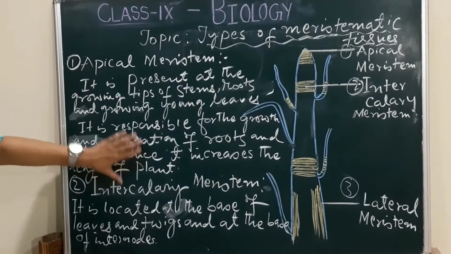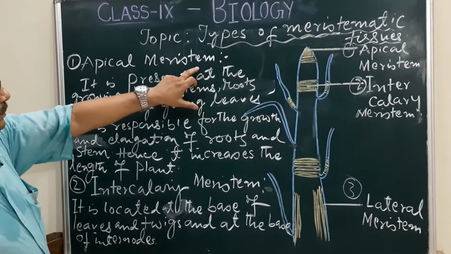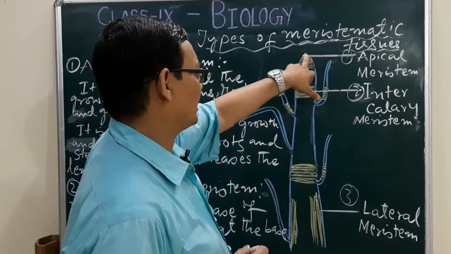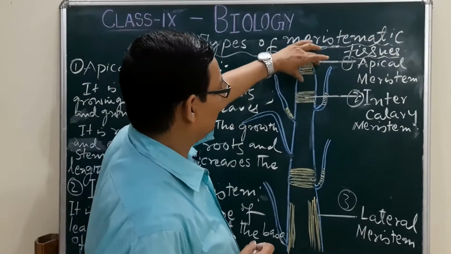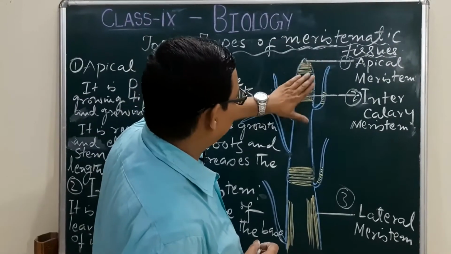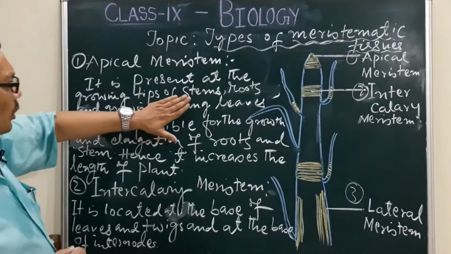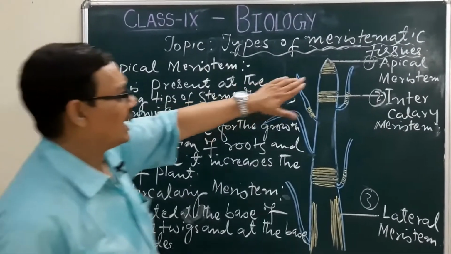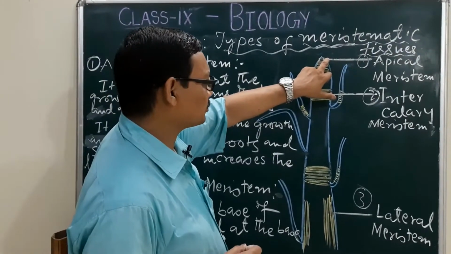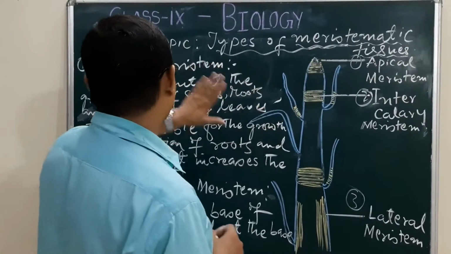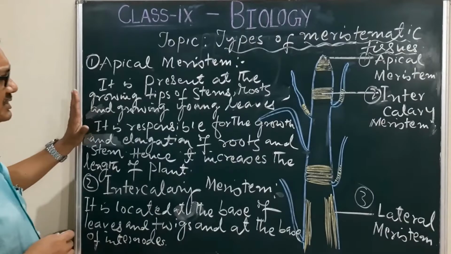The description of apical meristem: it is at the apices and the tips of the plant, that means the growing tips, and at this place there is the presence of apical meristem.